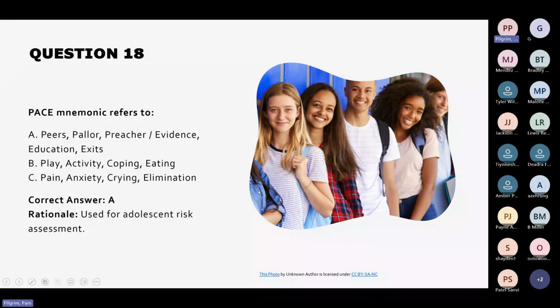It does not look like how it did in our lecture, but remember PACE was parents, peers, alcohol, cigarettes, and environment. I don't like this question, so I'm going to throw it out. Ignore this slide.